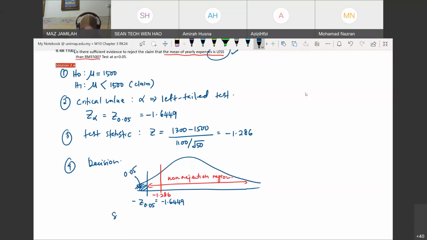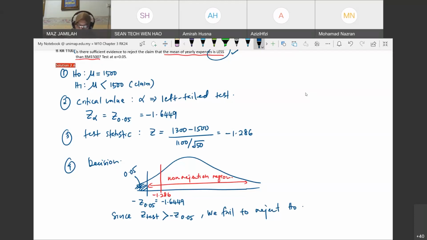So you can write as, since Z test is greater than negative Z alpha 0.05, then we fail to reject the null hypothesis.